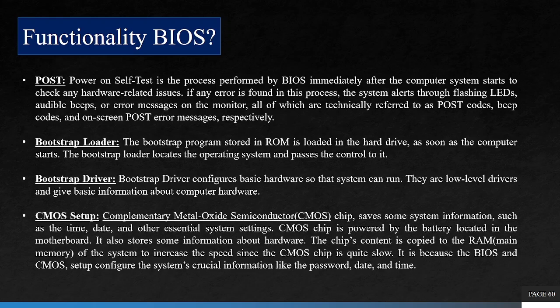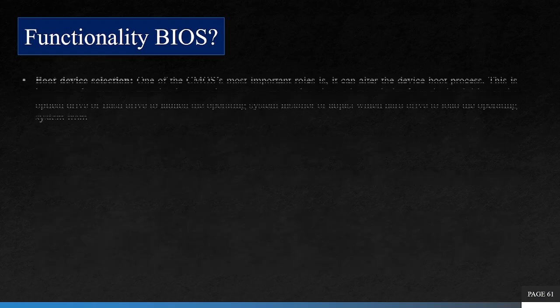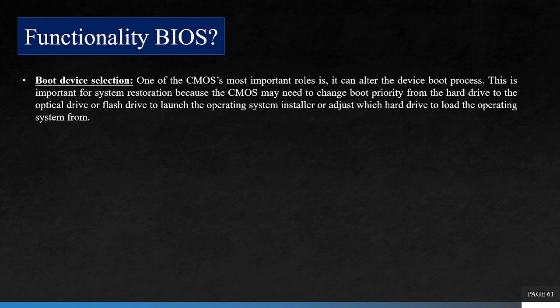Then we have CMOS. CMOS is a kind of chip which holds the BIOS and is also responsible for providing you the updated date and time, right? It is the one which saves the information of BIOS, the information of everything. Then we have boot device selection.